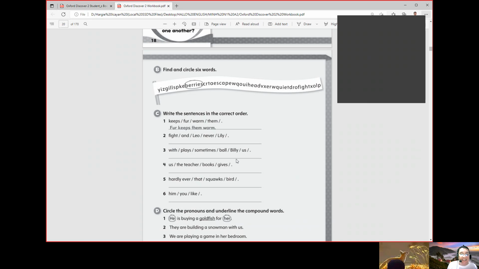Now, write the sentences in the correct order. Number one has been given to us: Fur keeps them warm. What about number two, Min? Leo and Lily never fight. That's correct.